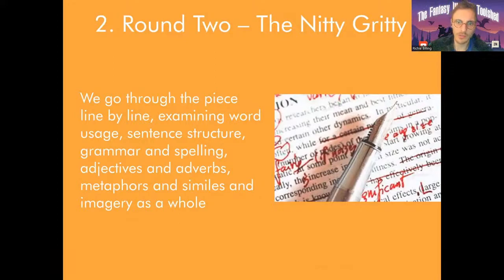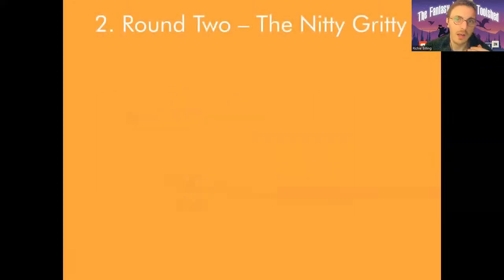We're examining word usage, sentence structure, grammar and spelling, adjectives, adverbs, metaphors and similes, and imagery as a whole. We're going to go through each one, just a little bit on each. I have more detailed guides on my website, which you can have a look at. But this is more just a checklist for you to work through as you're going through your edits.